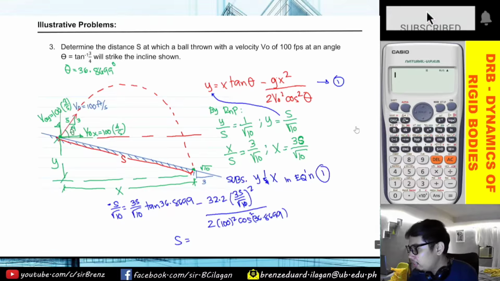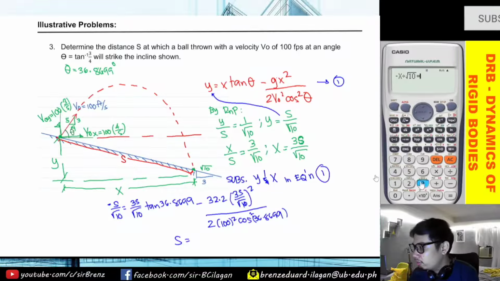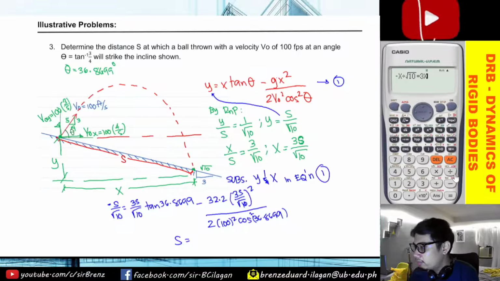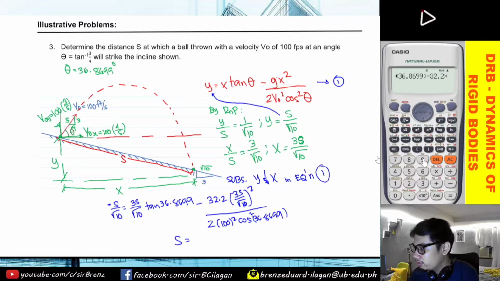So pindutin natin sa calculator. So negative x divided by square root of 10. So 3 x divided by square root of 10, and then multiply by tangent of 36.8699, and then minus 32.2 times, so kailangan talaga tayo mag-quantity.